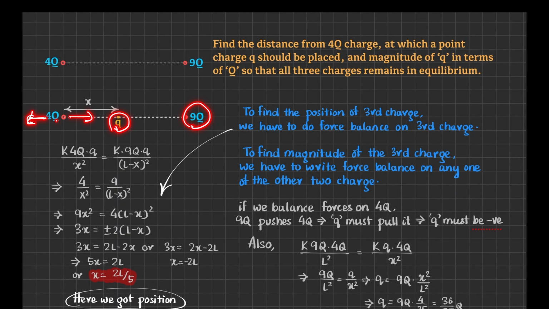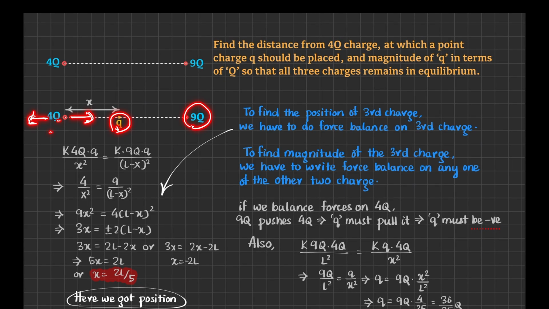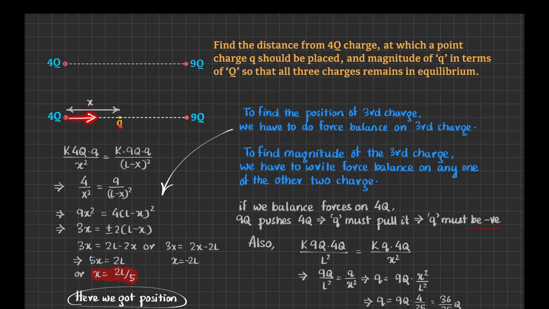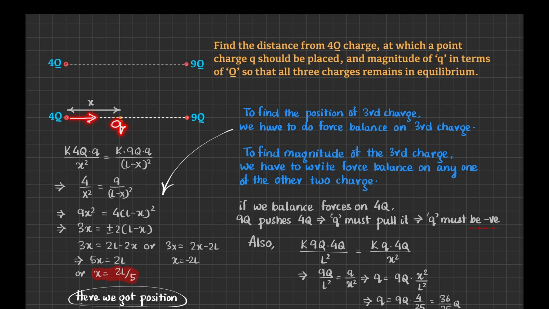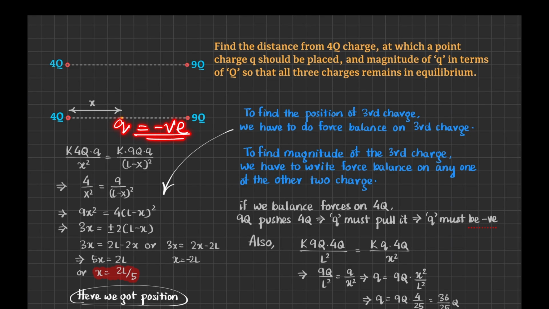Small q must attract the 4q then, because only if the force between 4q and q is attractive in nature can small q apply a right side force. This gives us that small q must be negative sign.